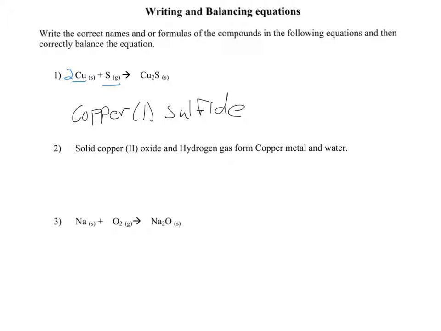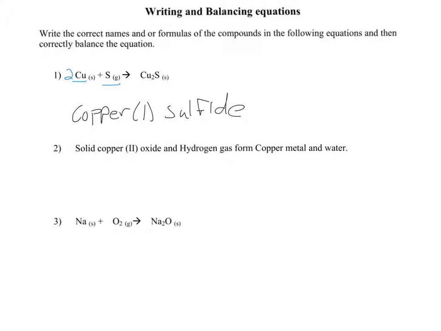Now the next one, we have to go from the written name to the chemical reaction, and therefore if we don't get the first part right, we're going to have a tough time going from there. It says solid copper 2 oxide and hydrogen gas form copper metal and water.